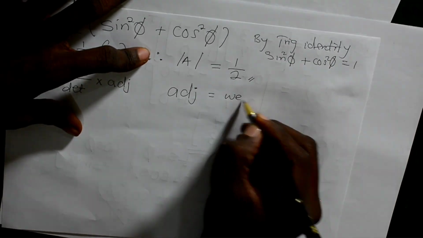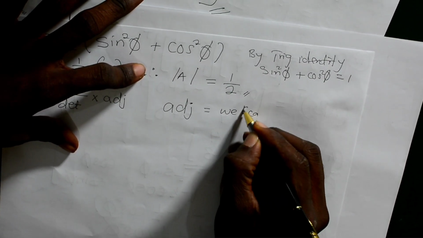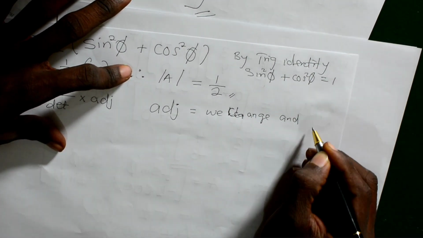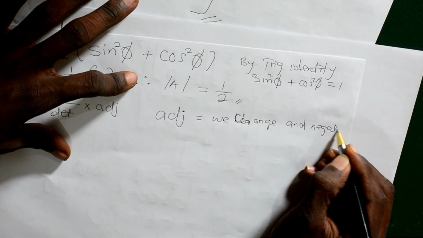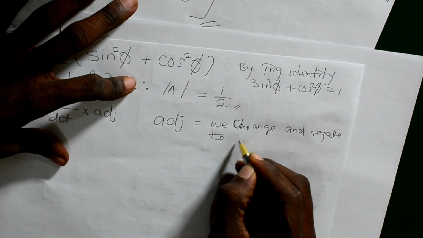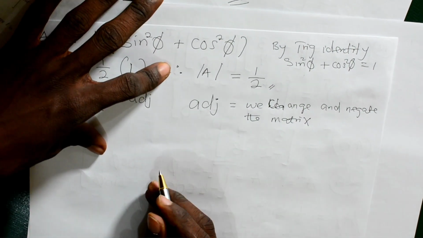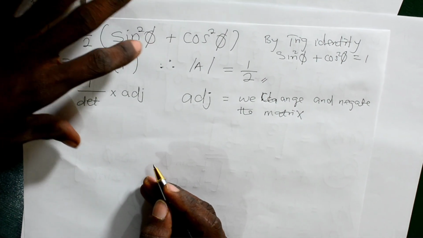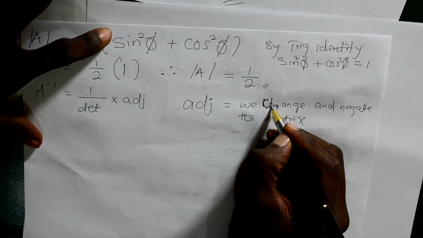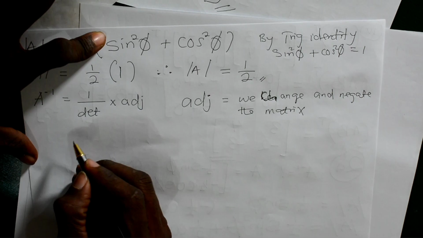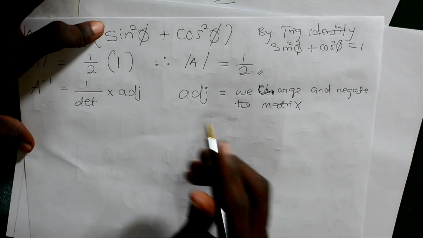So now to find the adjoint of A for only a 2 by 2 matrix, we change and negate. Only on a 2 by 2 matrix. So let's see how to change and negate a 2 by 2 matrix, and that will be its adjoint.